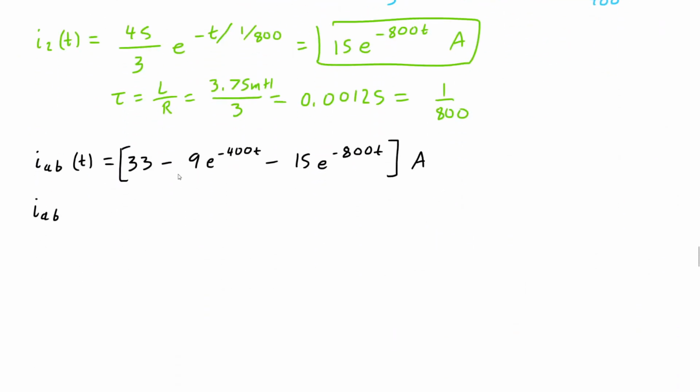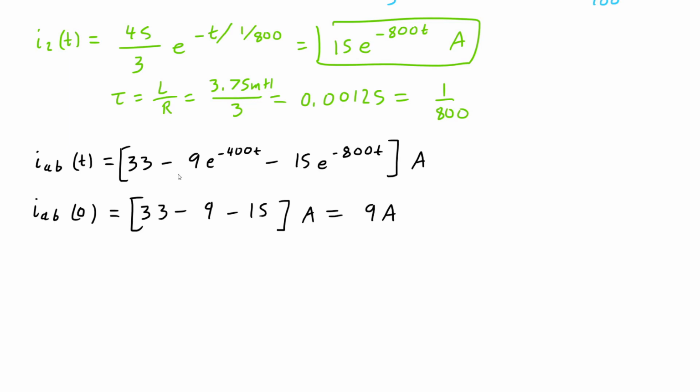So all we have to do is set all the t's equal to 0. So 33 minus 9, because e to the 0 is 1, minus 15, same thing as before, equals 33 minus 15 minus 9. Unless I made a mistake, that is 9 amps.